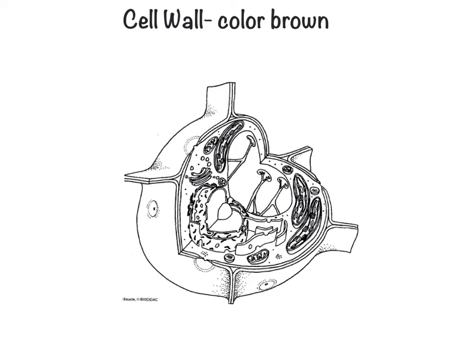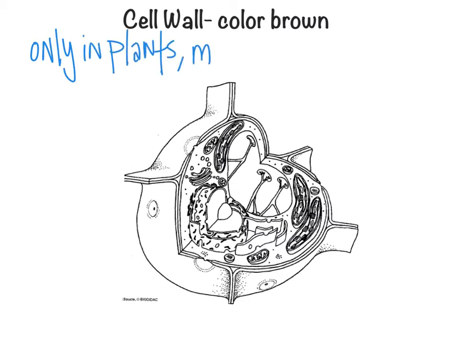The cell wall is next. Again, if you notice by the picture here, I don't have an animal cell because we don't have one. The only place you're going to find this is in a plant cell, okay? So it's only in plants. I'm hoping people will remember before I tell you, it's made of cellulose.